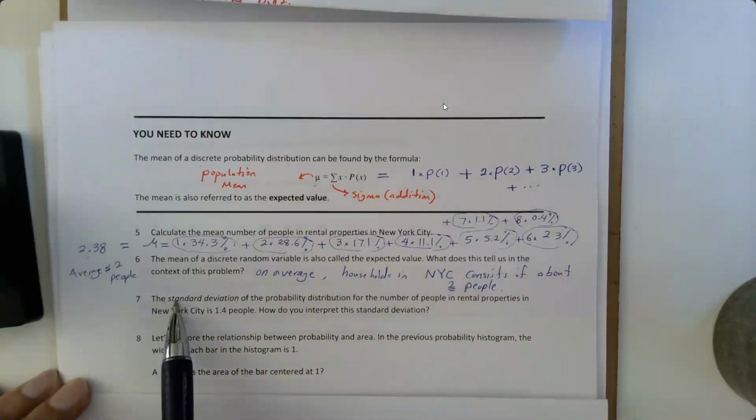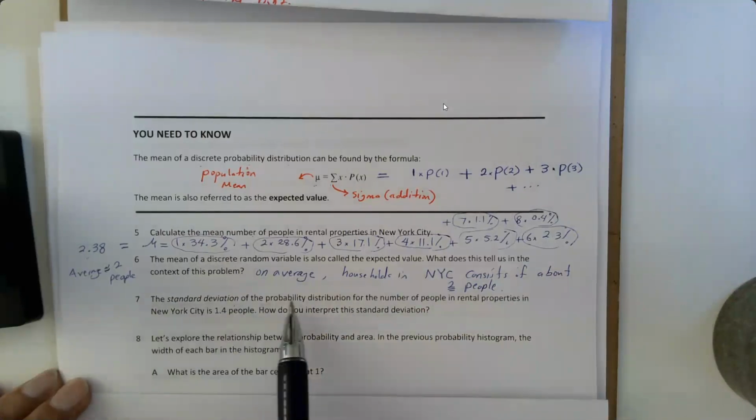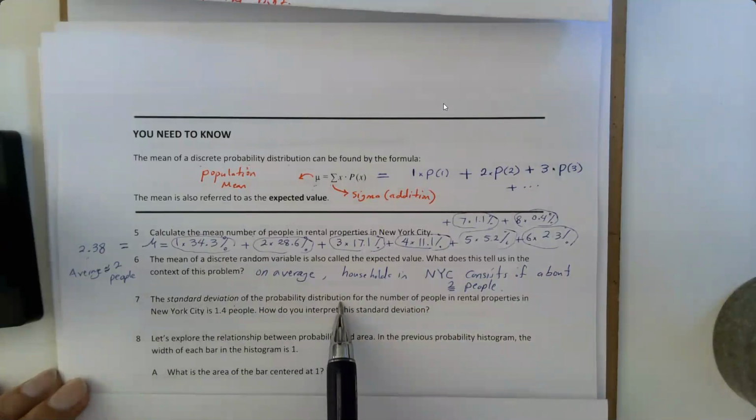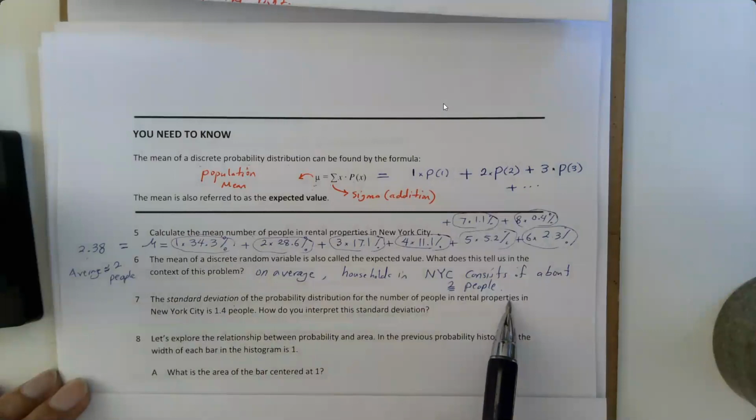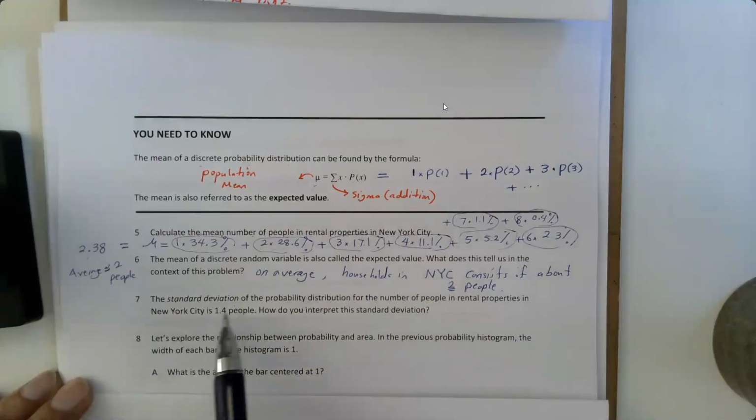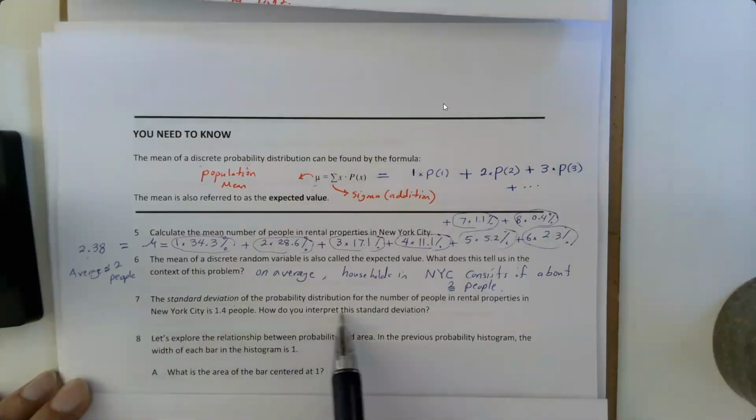The standard deviation of the probability distribution for the number of people in rental properties in New York City is 1.4 people. So they already calculated the standard deviation for us, and they say the standard deviation is 1.4 people. How do you interpret this standard deviation?